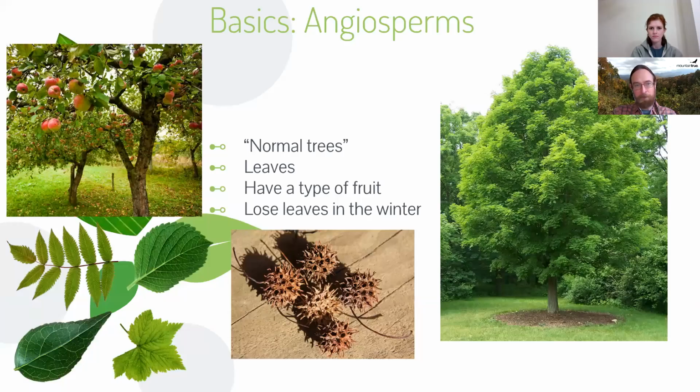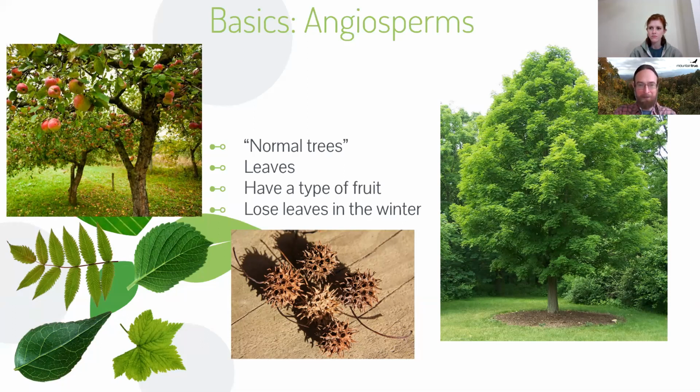Other major type of trees that we have are angiosperms. I could also talk about tree ferns, but we really don't have tree ferns here in the temperate world. If we were in the tropics, I might actually have to talk about tree ferns a little bit, which are neither angiosperms nor gymnosperms. But angiosperms, angio was covered, sperms, seed. So these are plants that have a seed coat, and people might think of these as, quote, normal trees.